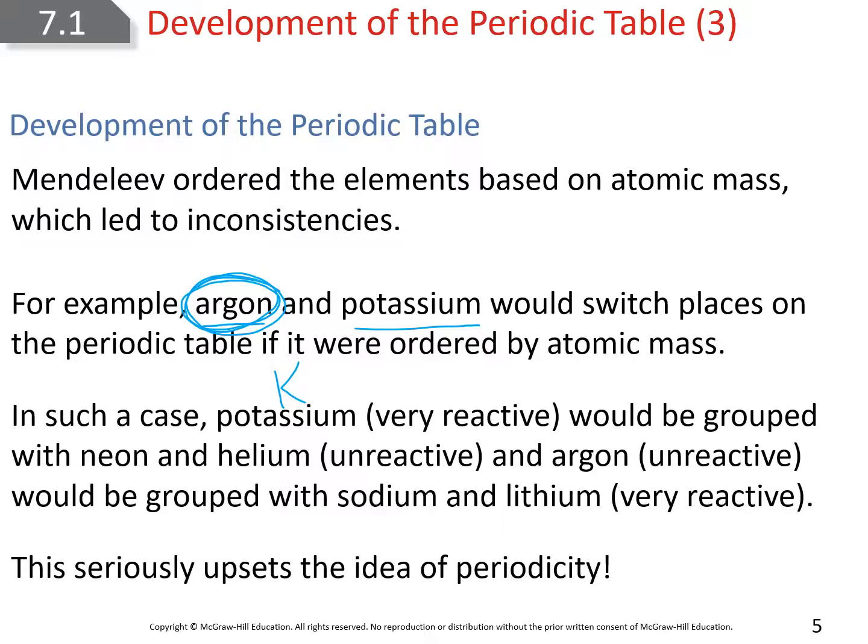So we can no longer call them inert gases because we know some of them can in fact react, but they react in such a way that it's very unstable and doesn't last for very long. So if we were to switch those positions on the periodic table, potassium would be put in the same grouping as unreactive neon and helium. That just doesn't work.